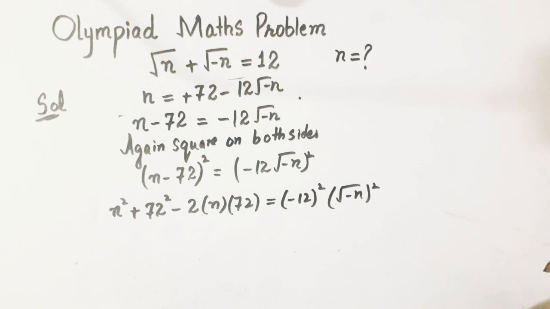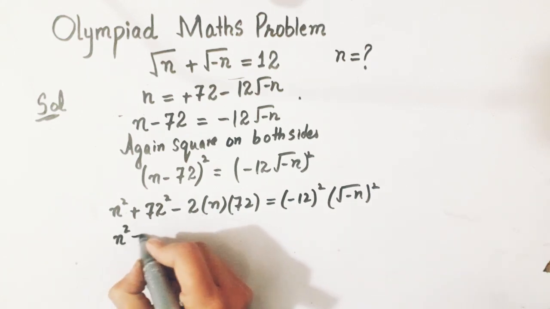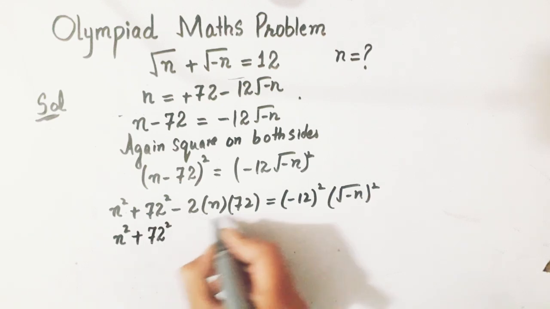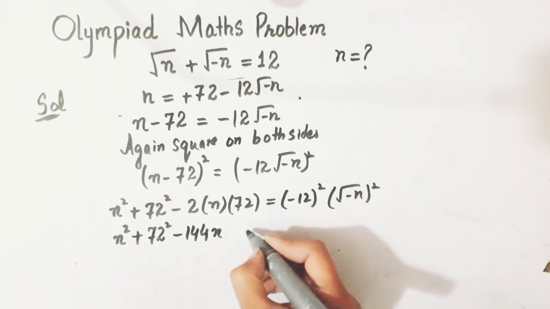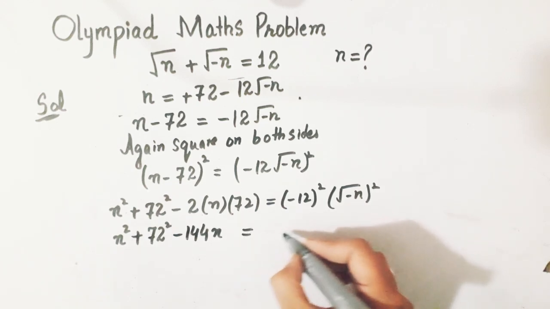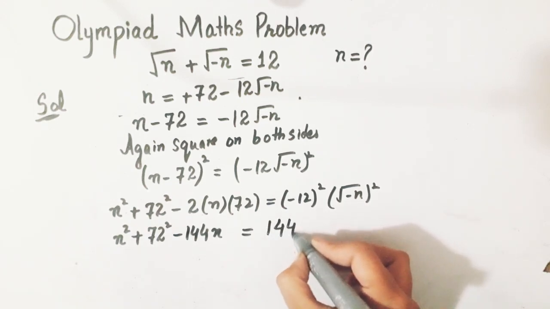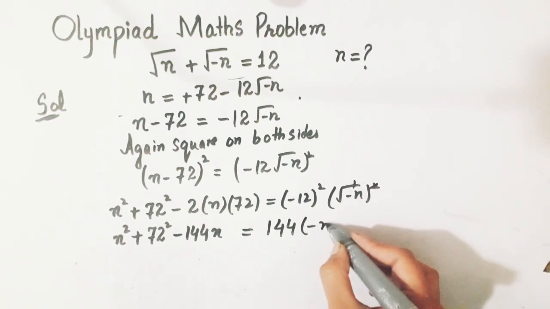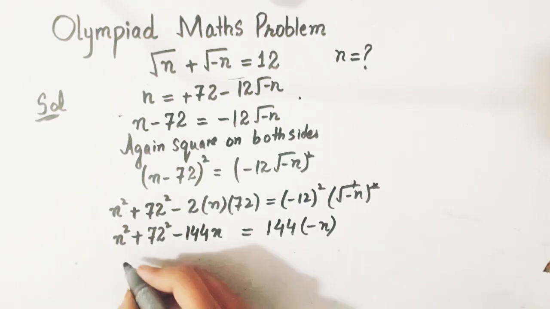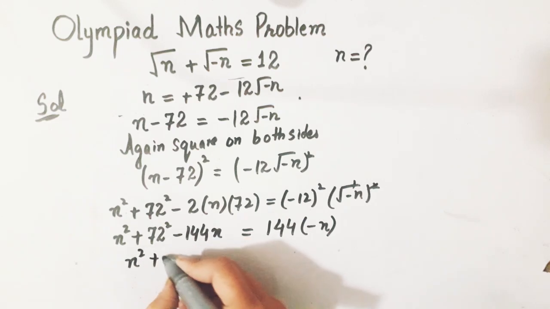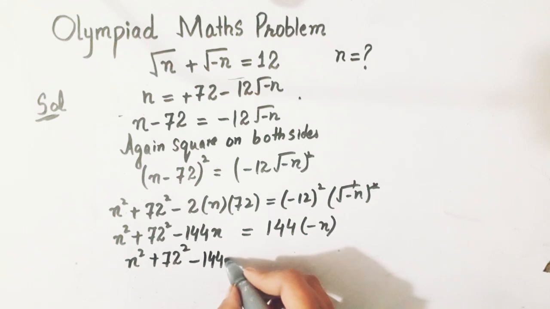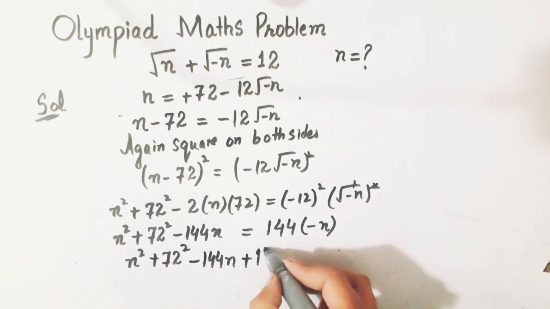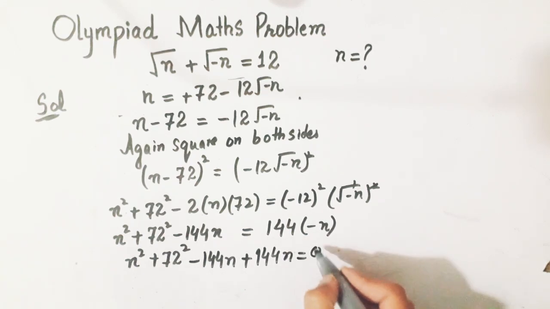So we get the value of this equals n square plus 72 square, 72 into 2 is 144n, and this side we have 144 and this square is cancelled out by this, and minus n. So we get n square plus 72 square and minus 144n and this will be plus 144 and equals 0.